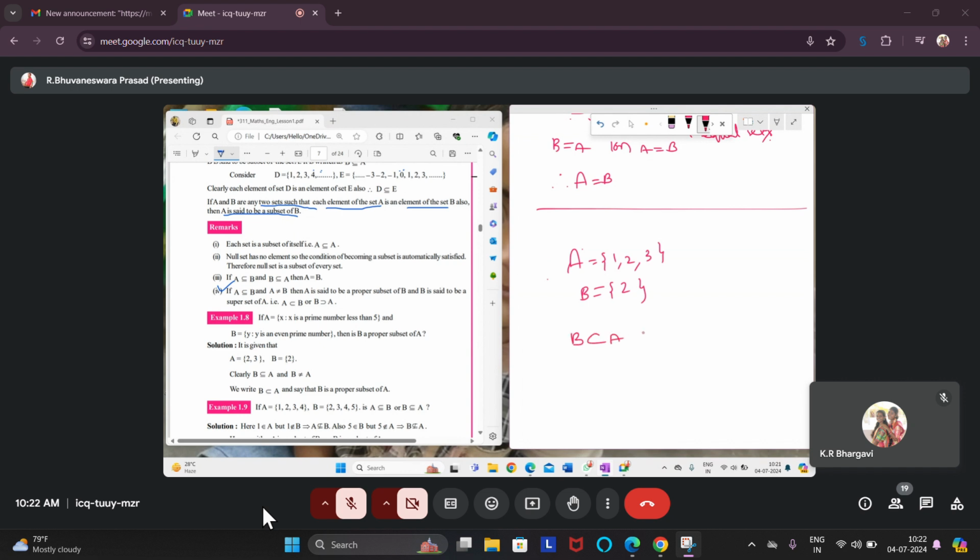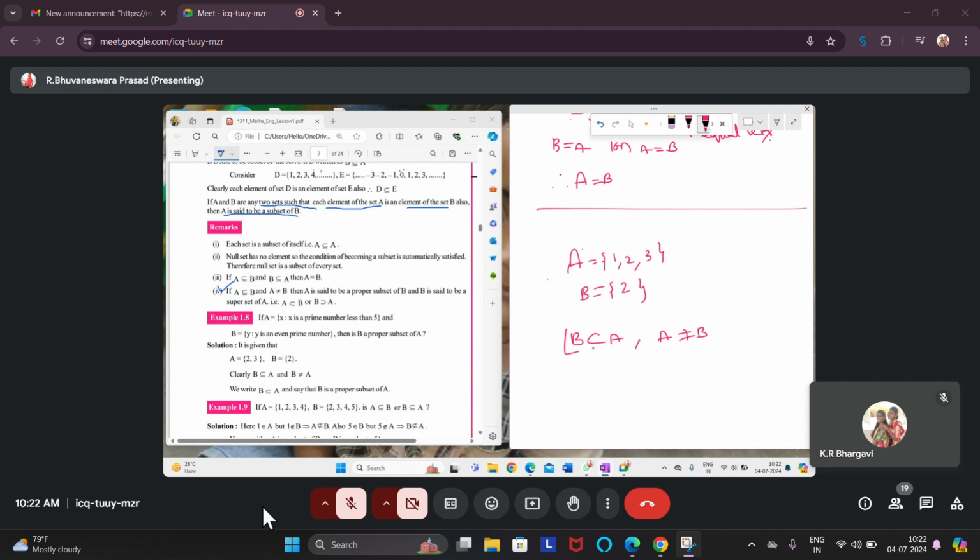But it is not equal. I can write it here as B subset A. So here A is not equal to B, then A is called a proper subset.